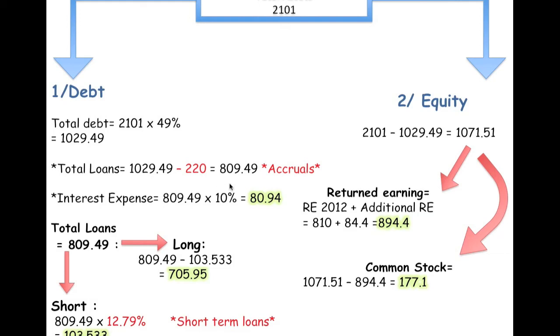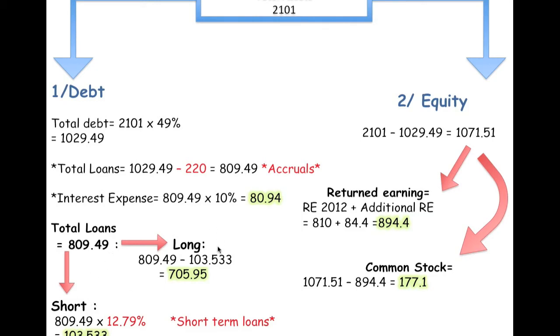Then calculate the total loans, which is the total debt minus payables and accruals that we did before, which is 220. Now we can solve the interest expense by taking the total loans multiplied by the interest rate from the given table. As we got 809.49, which is the total loans, it's divided into two parts, which are short-term loans and long-term bonds.